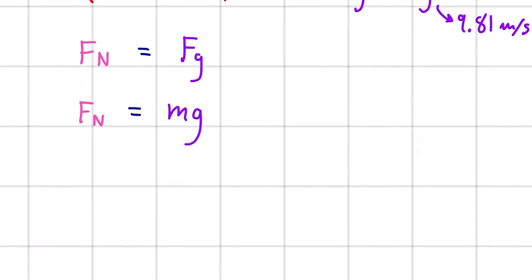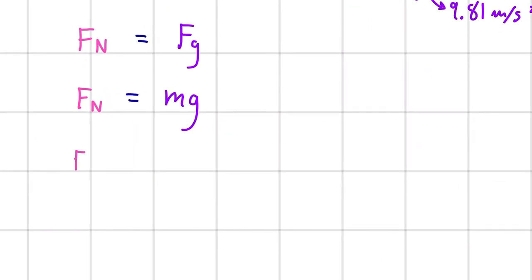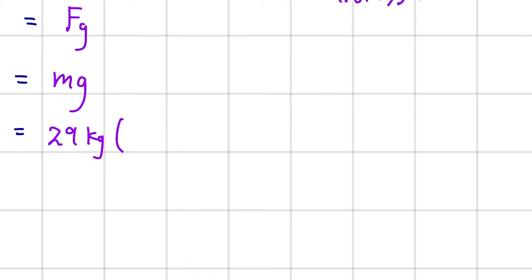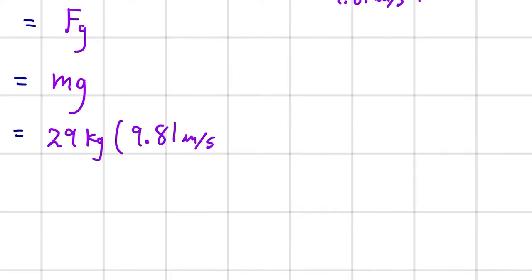As we continue solving for the normal force, let's plug in our values. Our mass, remember, is 29 kilograms. And then for g, the gravity is 9.81 meters per second squared. That's the constant that we all have memorized.